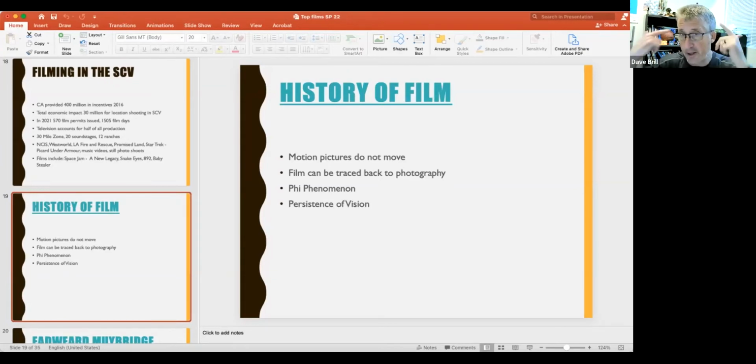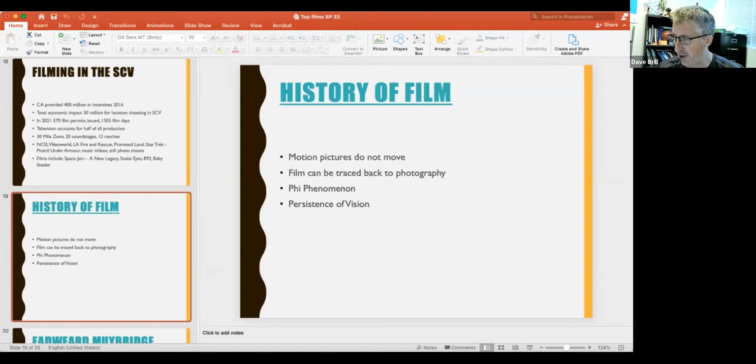Our brain actually gets tricked into doing that, and it's kind of cool, because if we didn't have that ability, we would never have the beauty of what I call film.